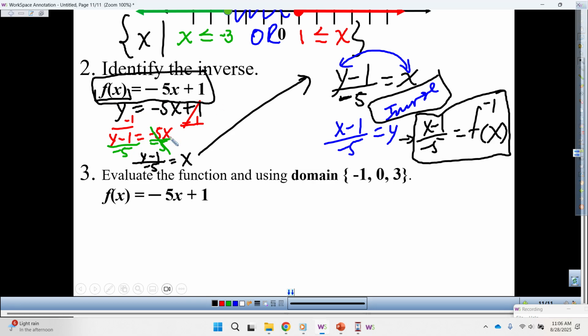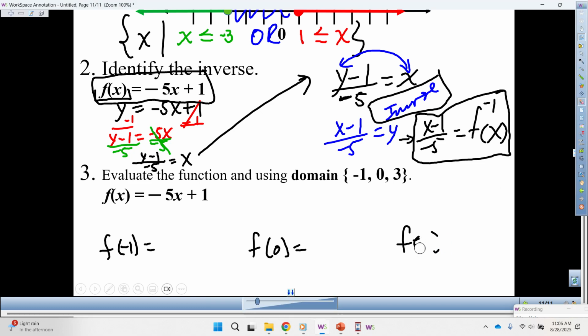Okay? All right. Check with the neighbor, see what they got for f of -1, f of 0, and f of 3. They should be done by now. f of -1, f of 0, and f of 3. Pass them on, Carlos.